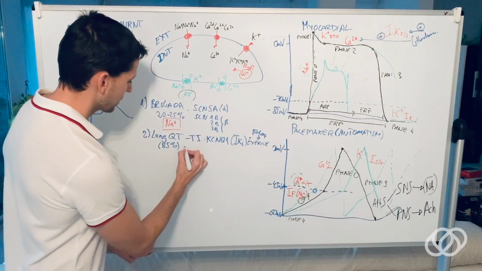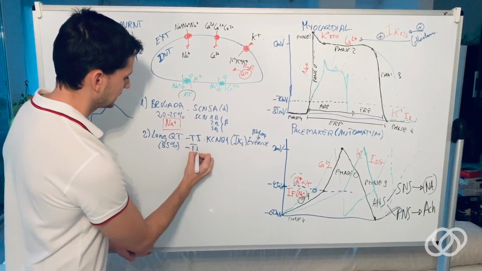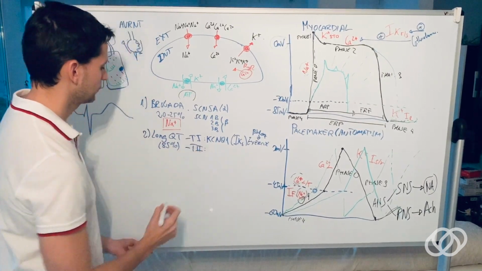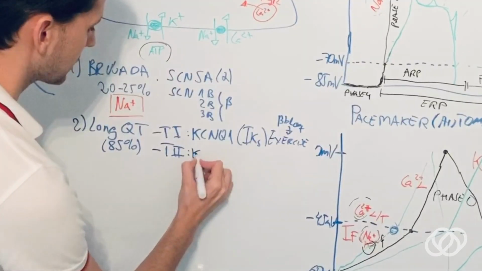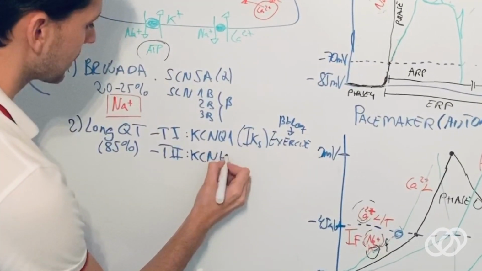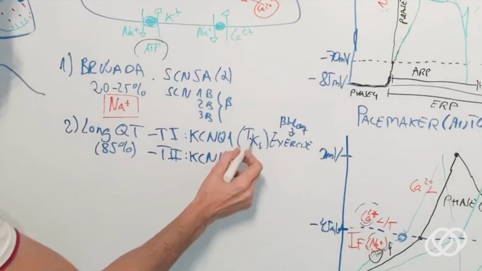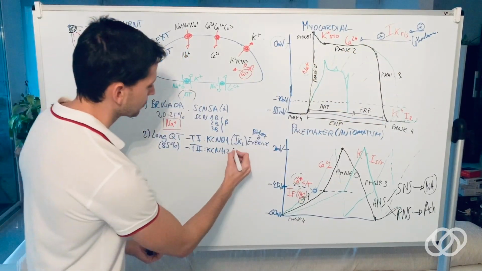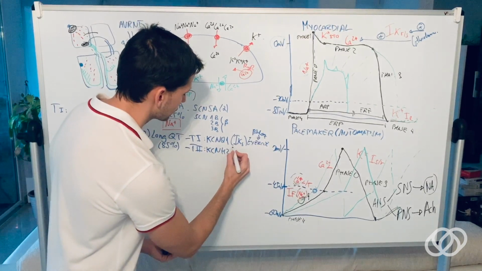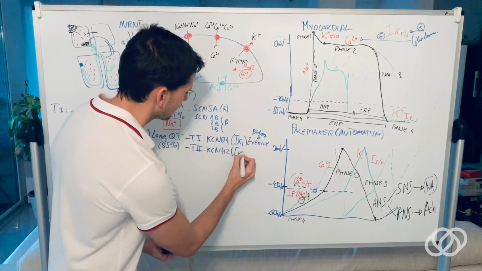What happens with type 2? Type 2 long QT syndrome is codified by another gene, KCNH2, that codifies the other one of the delayed rectifier potassium channels, so it's the IKR.